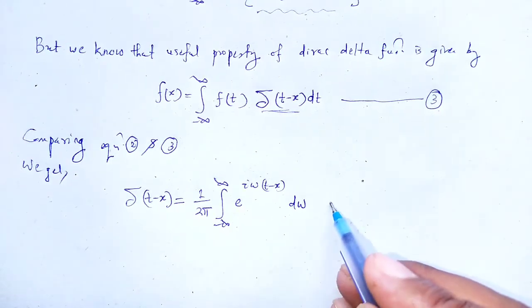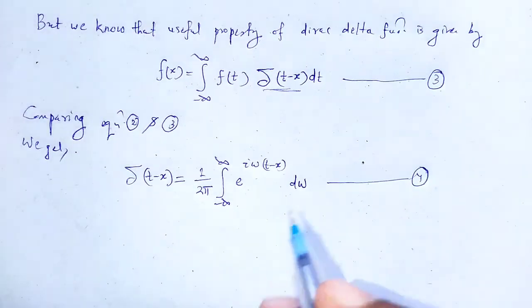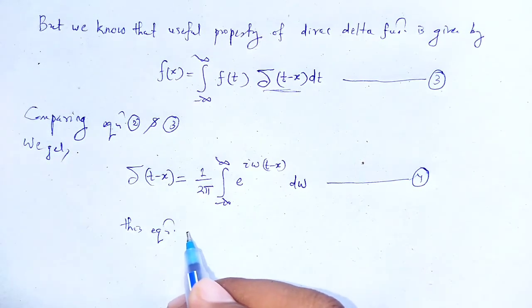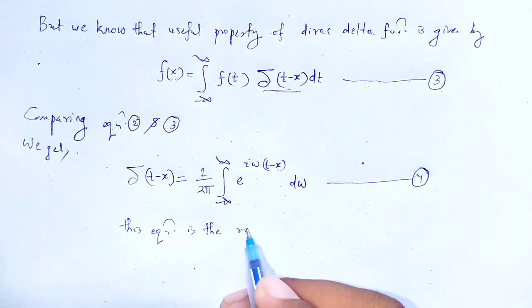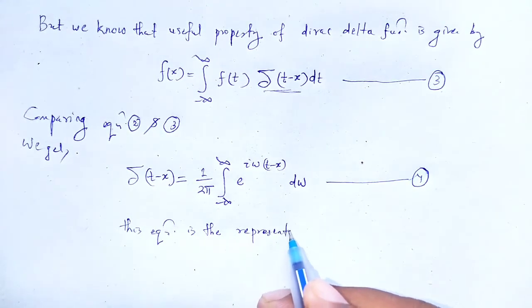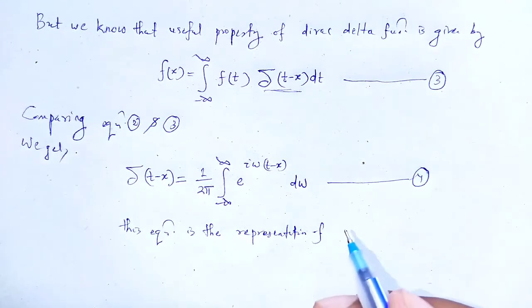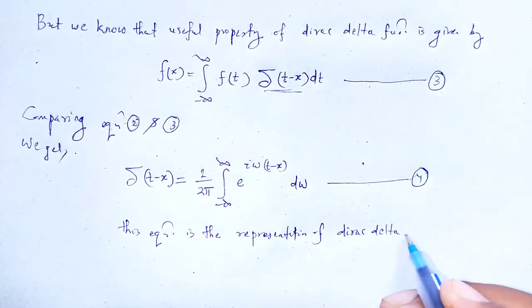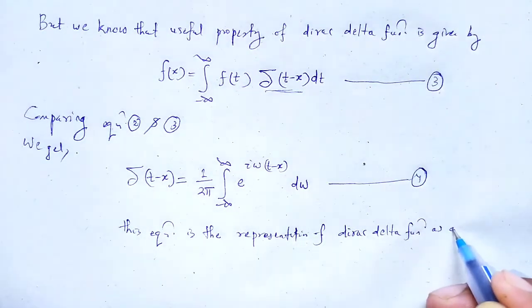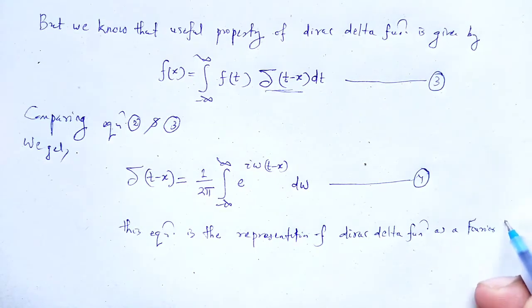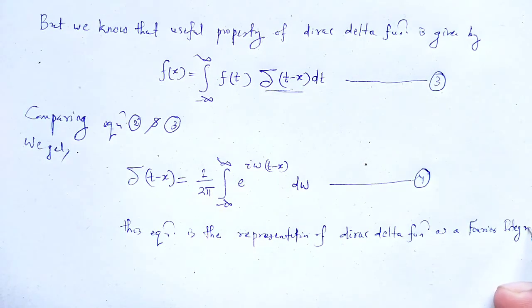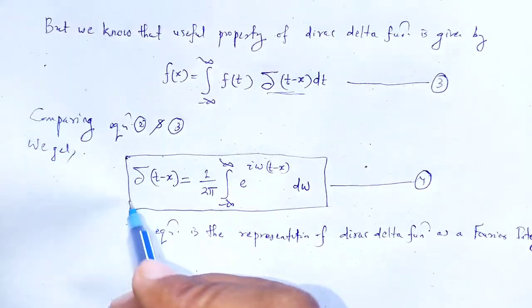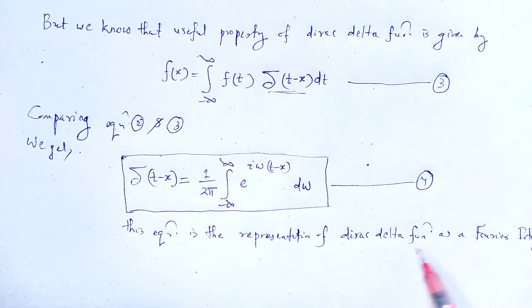This equation is the representation of Dirac delta function as a Fourier integral.